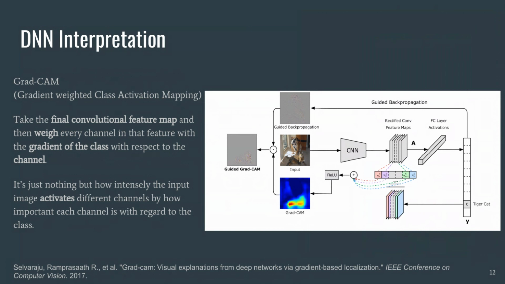So we have, let's say, gradient of Y over gradient of A, and then we find the average for each channel, and then multiply that average times that A. So what it does is it's looking at the weighted summation of the activations of each channel, which shows that, okay, my output is sensitive to this channel this much. And then again, you keep the positive side because we're interested in the positive side, and do an upsampling to make it the same size as your input. It comes out with this heat map.